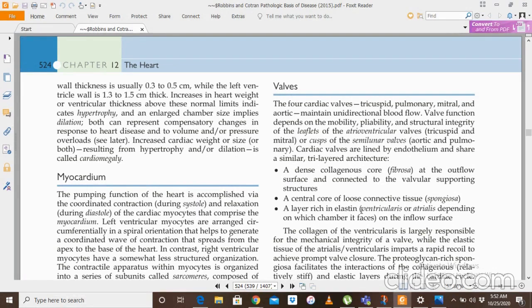Increased cardiac weight or size or both, resulting from hypertrophy or dilation, is called cardiomegaly. Cardiomegaly means the increase in the size or weight of the heart due to hypertrophy, dilation, or both.